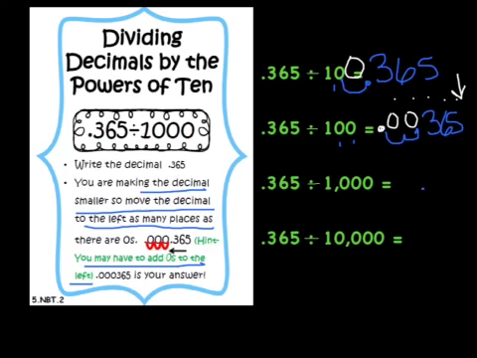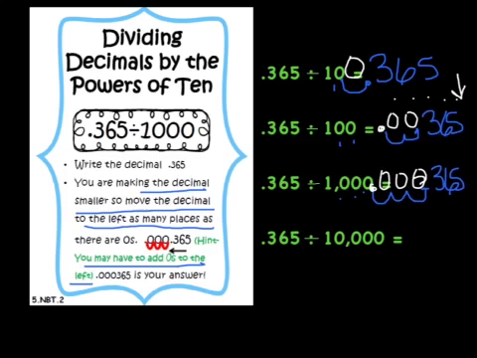So 365 thousandths, moving it 1, 2, 3 decimal places to the left. Add your decimal and 1, 2, 3 zeros.